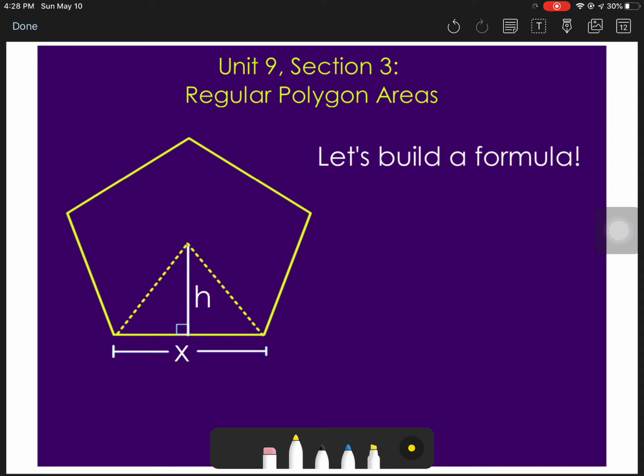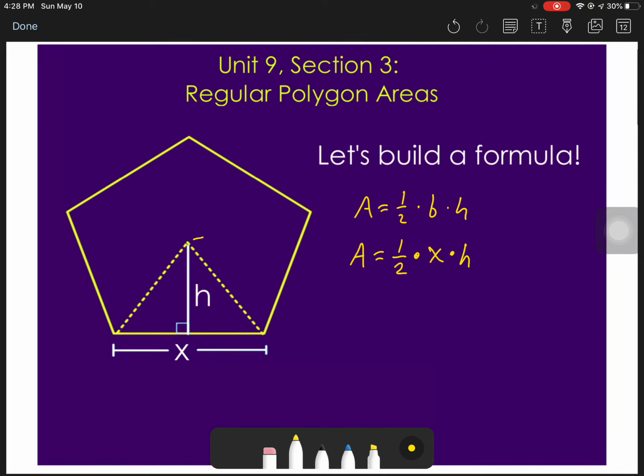So how do we find the area of a triangle? Well, area equals 1/2 base times height. So area equals 1/2. Our base in this example is x, and our height is h. All right, so that's how we would find the area if we were just looking for that one triangle inside. But you have to think this is a regular pentagon, penta meaning 5.